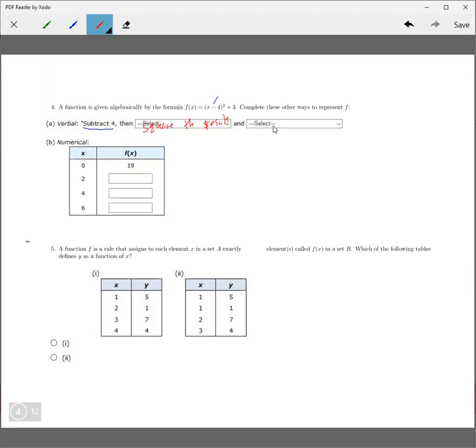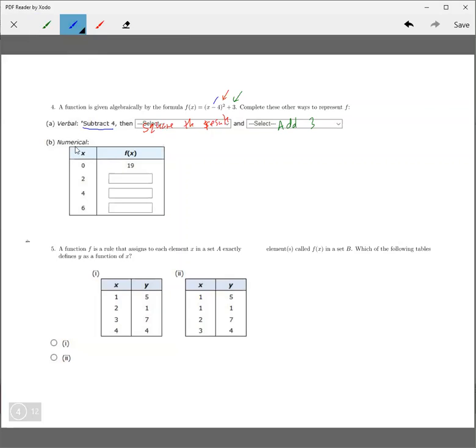So the last thing is add 3. It's important that you start with the x and work your way out from there, because those are the first things you're going to do. As you work your way out, that's the order of the operations.